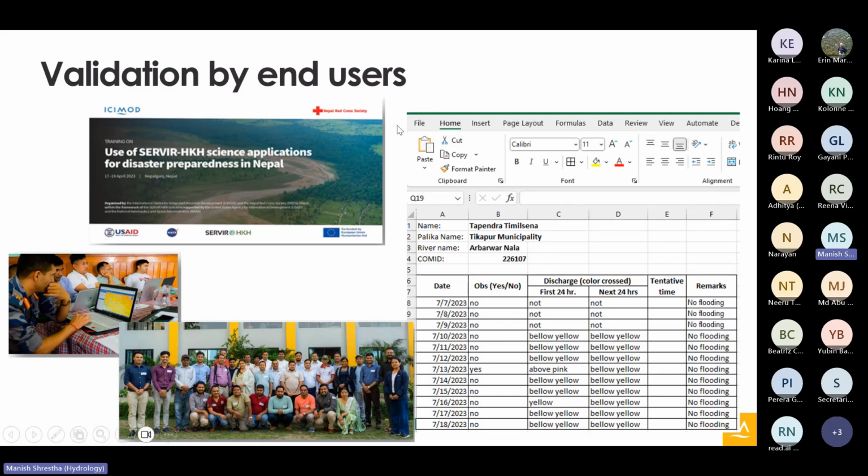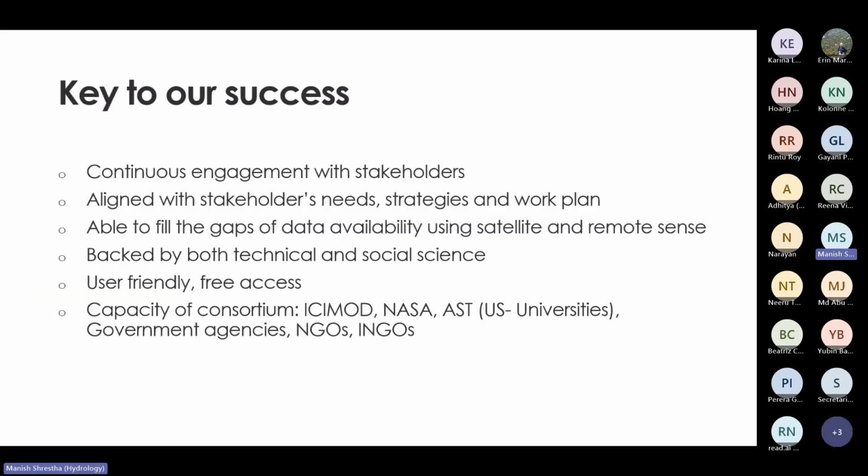So we have provided them with a very easy logbook just to enter whether there has been any flood in those areas, and whether our tool actually showed that there would be any kind of floods. So fortunately, in Nepal last year there were no floods, but unfortunately for us, we could not validate our tool. But still, it's a good situation for all of us.